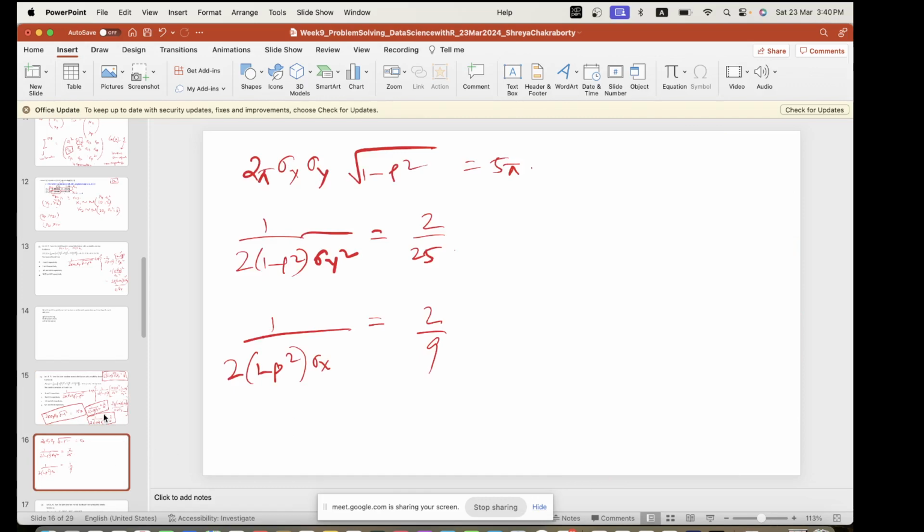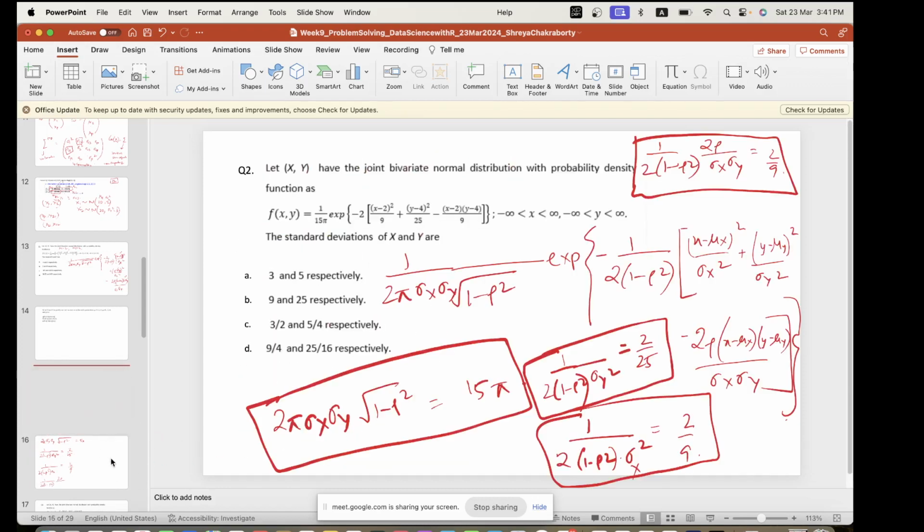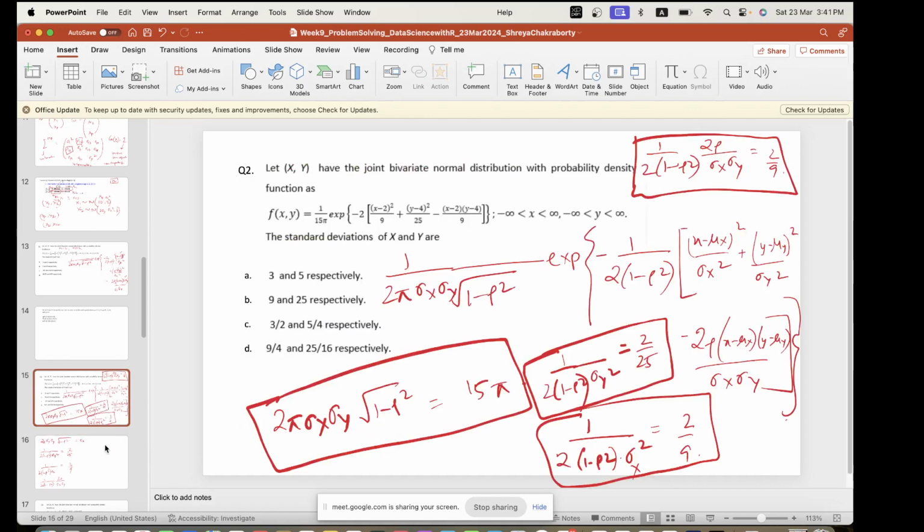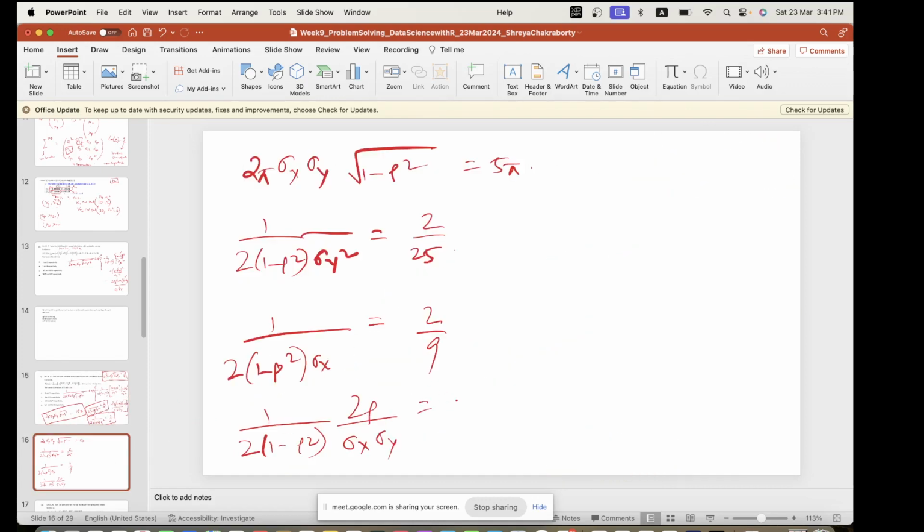And also we have this one: 1 by 2 into 1 minus rho square into 2 rho by sigma x sigma y is equal to 2 by 9.